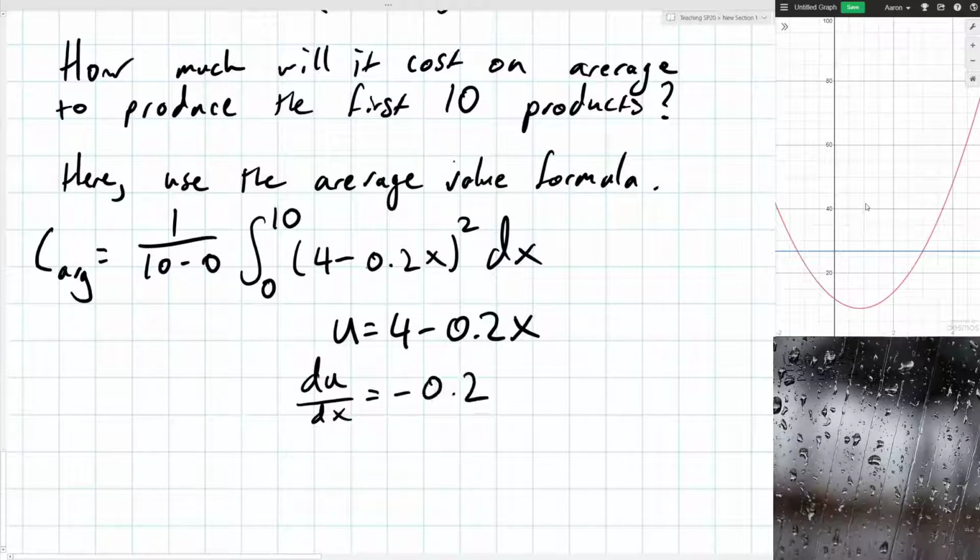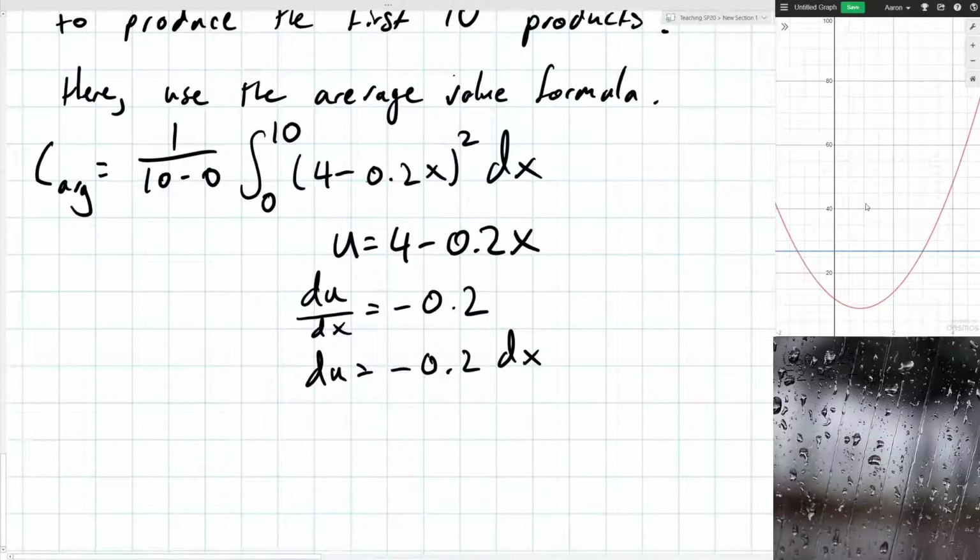We take the derivative with respect to x on both sides. Multiply both sides by dx, du is equal to negative 0.2 dx. And then we can divide both sides by negative 0.2, which is the same as multiplying by negative 5. So negative 5 du is equal to dx.